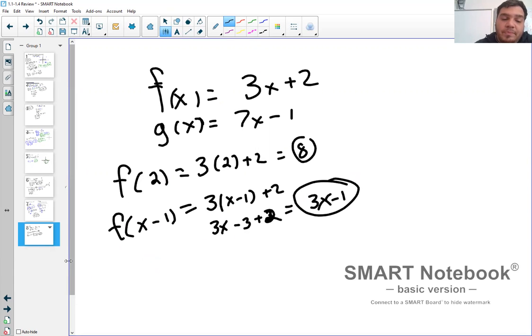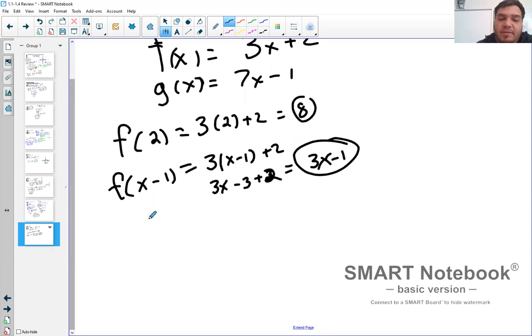If I ask you, please give me the value of x that makes f of x equal 11, for example, notice how the x is not on the inside here. It's on the outside. That means I'm going to replace the f of x itself with 11.